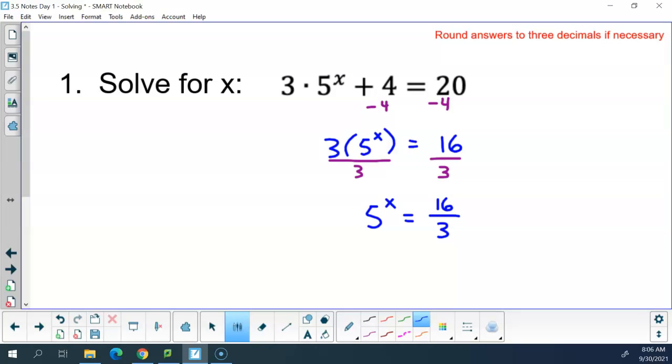Now I've got my variable isolated. It's still not just x equals, but I've got that variable locked in on one side.